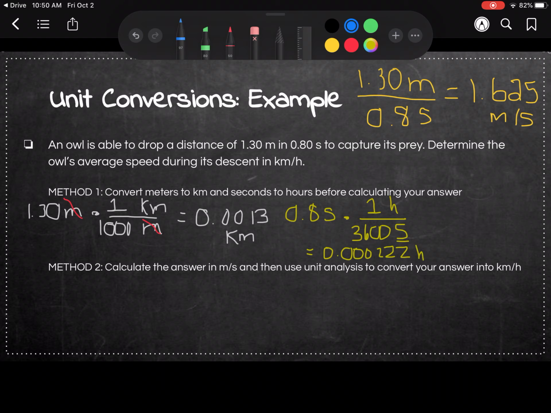So then we have those two numbers, so now we can calculate it. We've got our kilometers and our hours, so it's always kilometers over hours. So we take our kilometer number divided by our hour number.